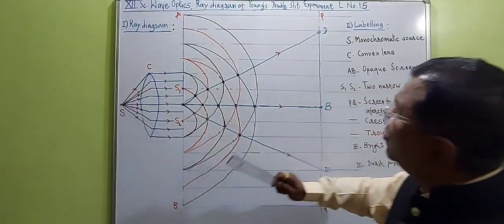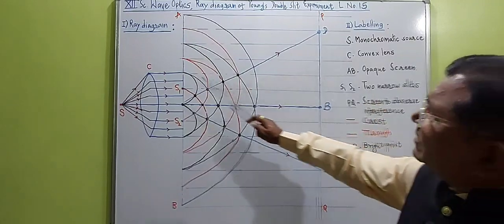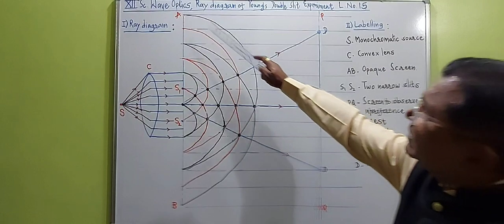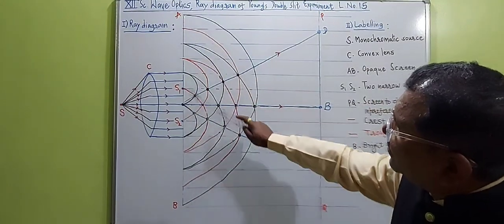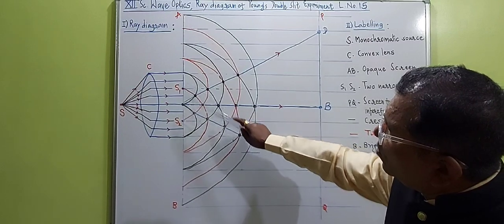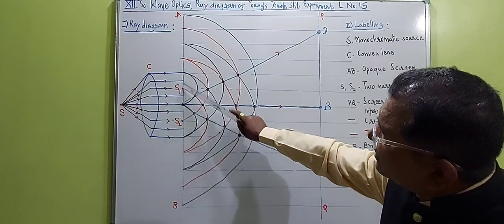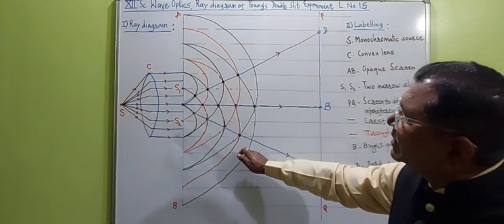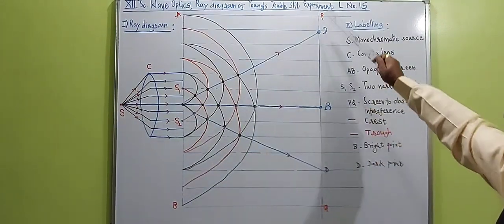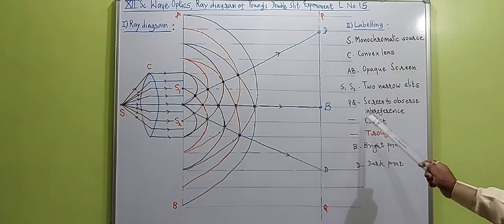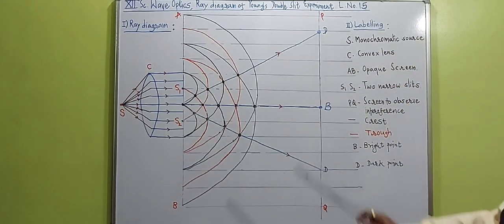S is a monochromatic source, C is a convex lens, AB is an opaque screen having two pinholes to form two slits S1 and S2. Those two slits are narrow slits. PQ is a screen to observe the interference pattern.